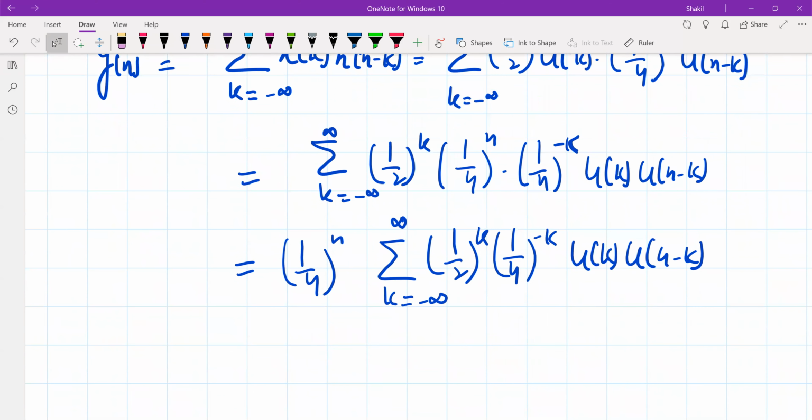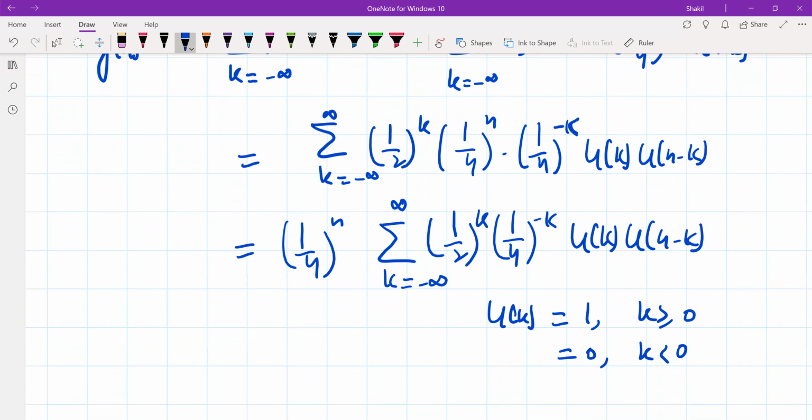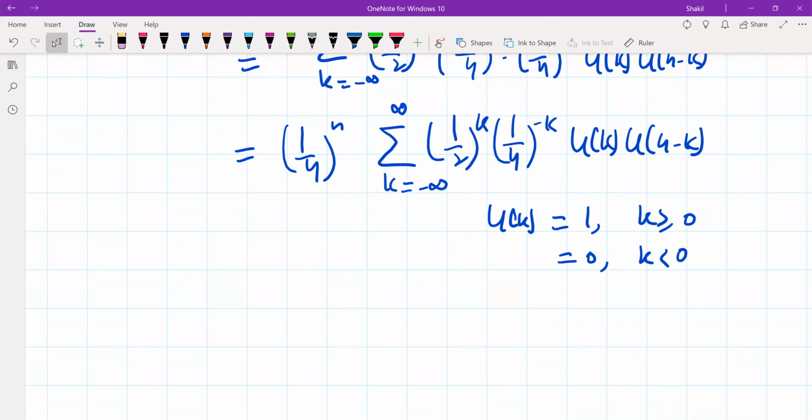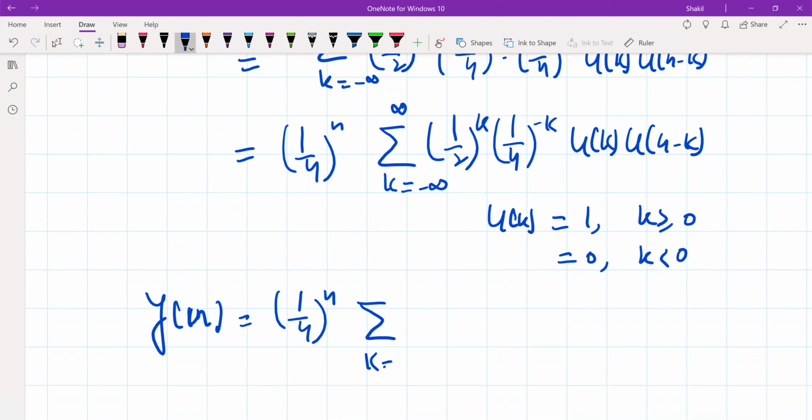Now k is running on the summation, and we know by definition that u of k is equal to 1 when k is greater than or equal to 0, and equal to 0 when k is less than 0. So what will happen to this summation? You can say y of n is simply 1 by 4 raised to the power n, and this summation will now run from k equal to 0 to infinity, of 1 by 2 raised to the power k, 1 by 4 raised to the power minus k.